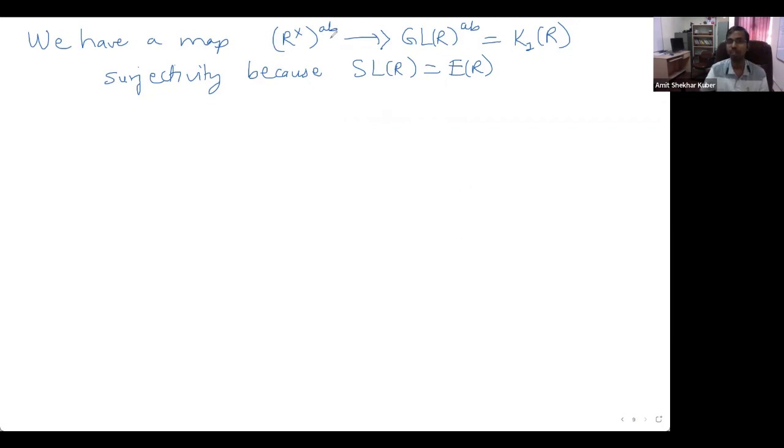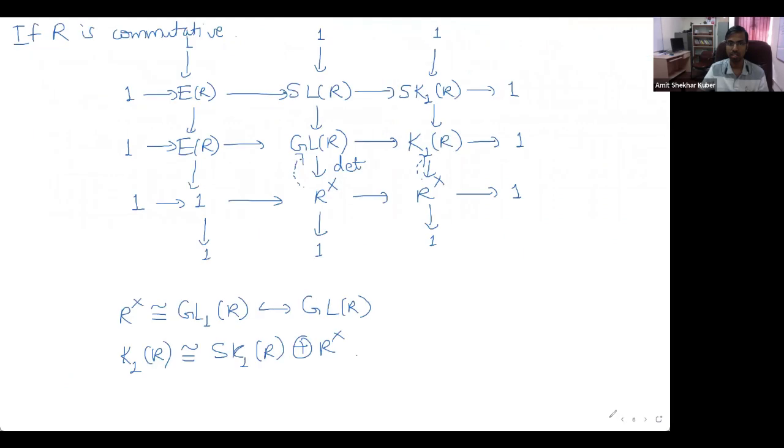And finally, what we need is a map in the reverse direction. So I will take you back to that particular slide. From GLR to R cross, now instead of R cross, we have R cross AB, which is the determinant map, abelianization. And you have a map in the reverse direction, and this also splits. This map splits for a local ring.